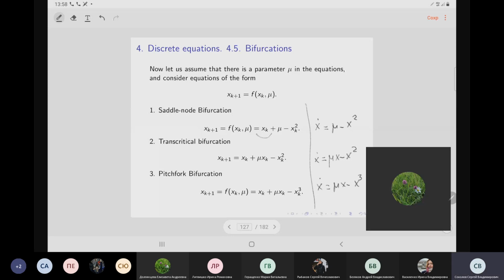So the idea of bifurcation analysis is absolutely the same. We find our equilibriums, we analyze their stability, and we see what's happening with these equilibrium points when we change coefficient mu.